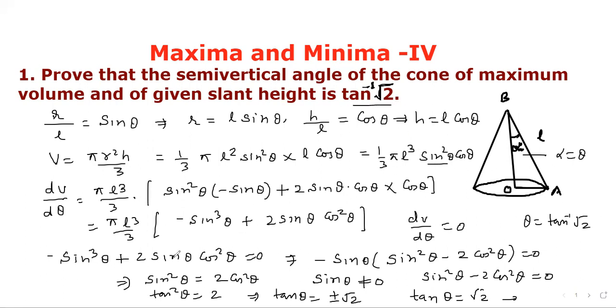But we have to check whether this value is maximum or minimum. So we have to go to the second derivative test. So let's differentiate dV upon d theta again.